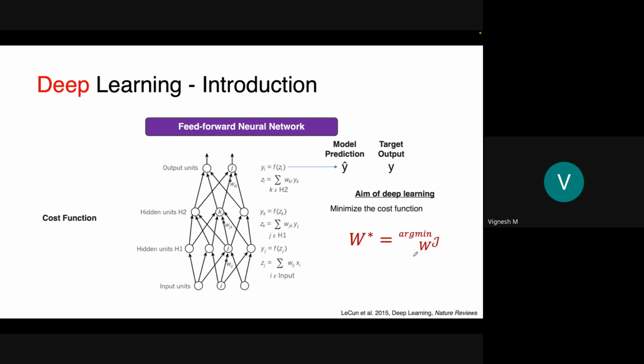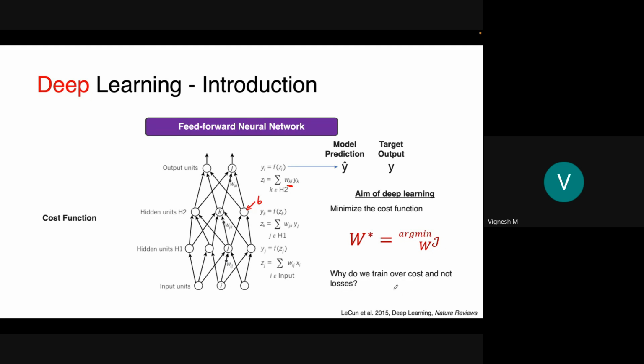That is, you are trying to find out parameters in the network, right? Be it the weights, and in fact, if there are biases as well. This network has not represented that, but it's implicit, right? That you want to find out those weights that will minimize the cost function J.